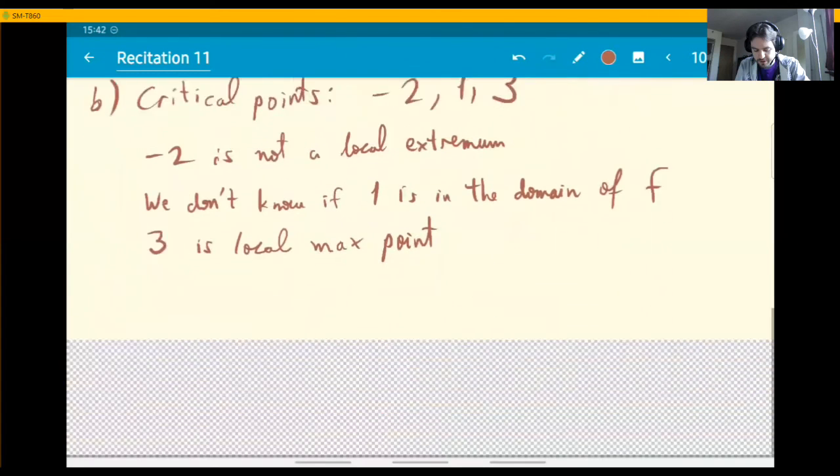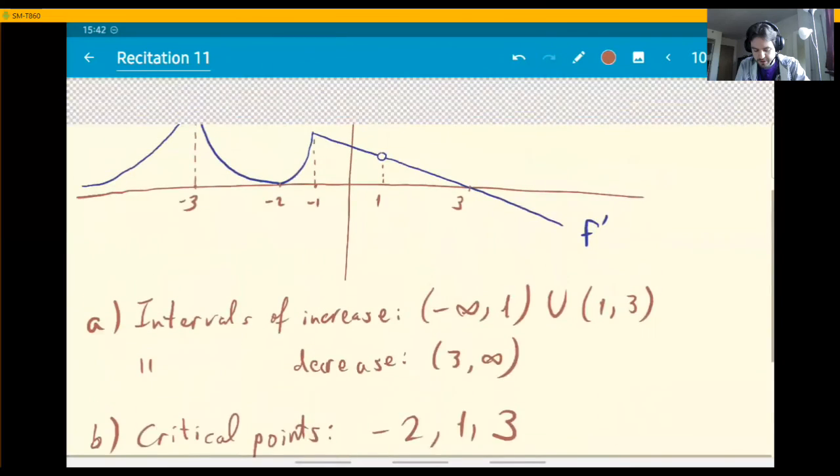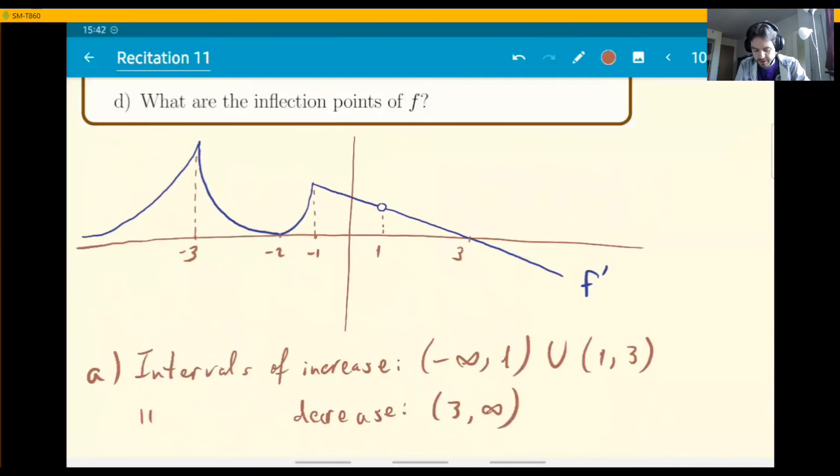All right. C. Intervals of concavity. Where is concavity, up or down? We don't have to go to f double prime to answer that. Remember that concavity can be answered by looking at where f prime is increasing or decreasing. So now we're not looking at the sign of f prime, we're looking at whether it increases or decreases. Namely, f prime is increasing before -3, decreasing between -3 and -2, increasing again between -2 and -1.